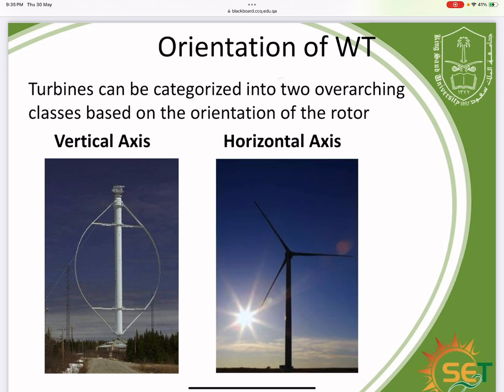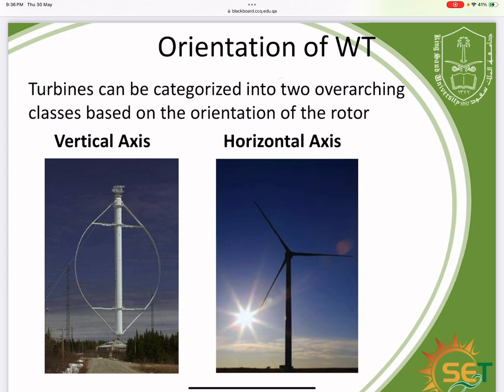The characteristics of it are that the rotor shaft is horizontally oriented, parallel to the ground. The most common design features 3 blades, although 2 blade and multi-blade variants exist. Typically, the rotor is mounted on top of a tall tower to capture wind at higher elevations.